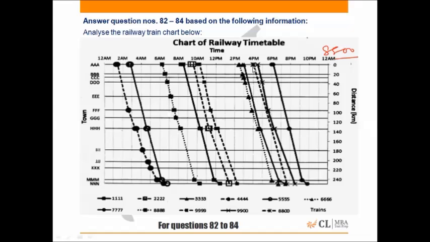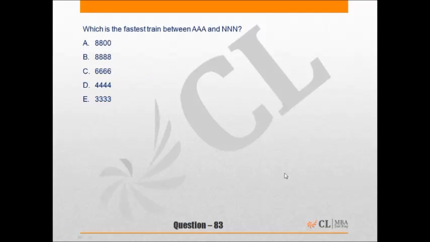It starts from triple A at 4 p.m. and reaches triple N before 7 p.m. So the time taken is slightly lesser than 3 hours, but all the other trains take more than 3 hours from triple A to triple N. Therefore, option A is the correct answer.